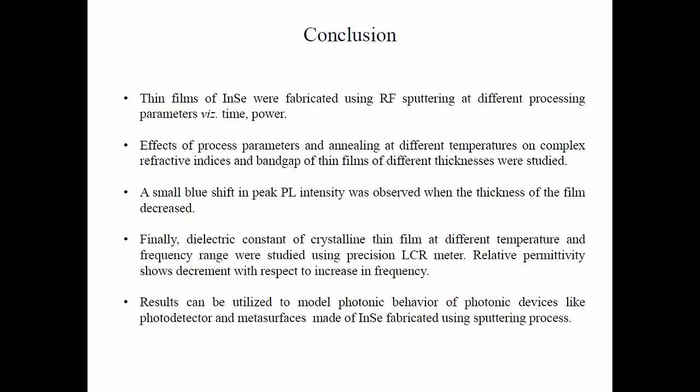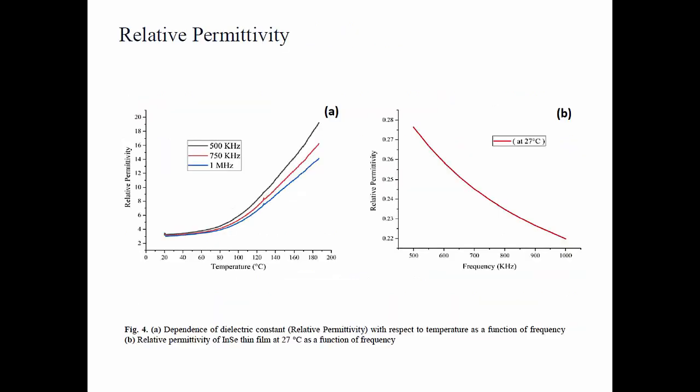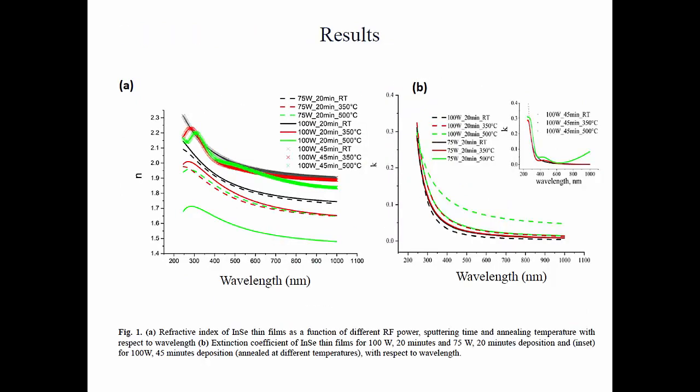So, the utility of this work is that we have different properties at different process parameters, and for a range of wavelengths. We are simulating some photonic devices, and in that simulator we have to input these n and k values and these electrical values.